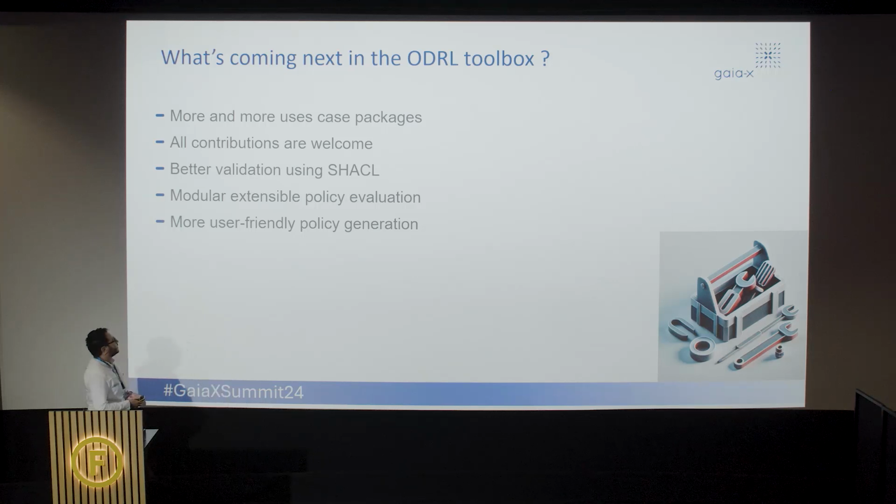And maybe, why not, afterwards a more user-friendly policy generation. I've also discussed with a lot of people around the ecosystem and around ODRL, and there are a lot of people interested from many ecosystems.